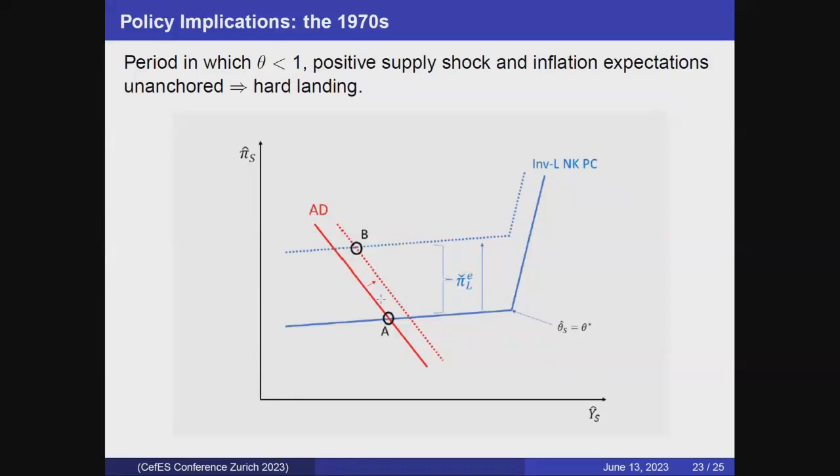Now, what happened in the 70s? Well, there is a supply shock, oil shock. So this pushes up the blue line. Now, the second effect is when inflation expectations rise, this is also pushing up the blue line, okay? So basically, we were on the flat part of the curve, so theta below 1.